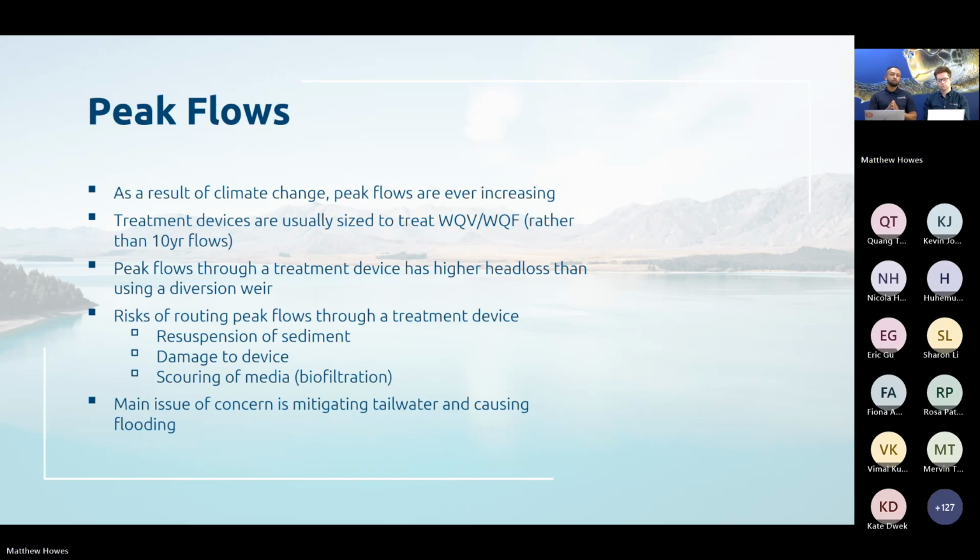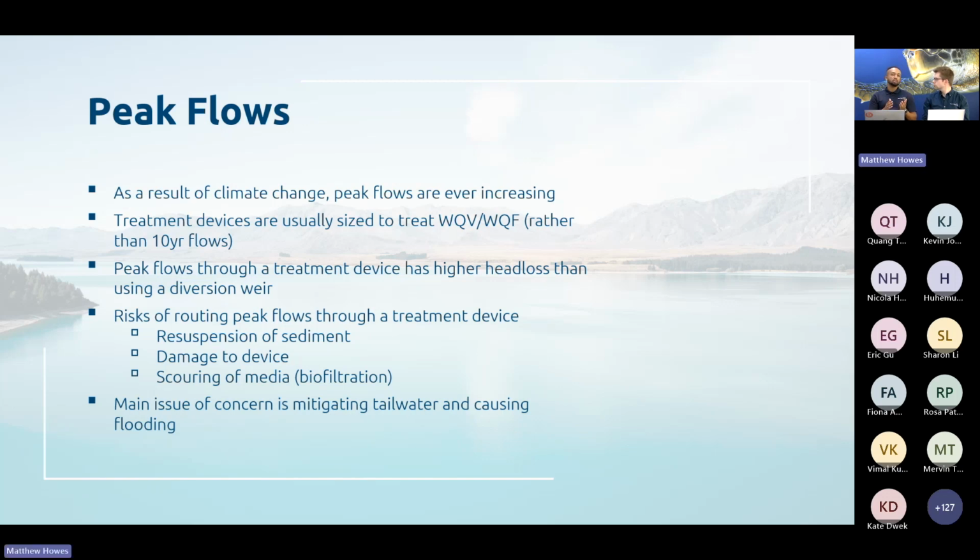Another risk with conveying the peak flows through the treatment device is the risk of resuspension of sediments that have been captured previously. Depending on how high that peak flow is, it could create turbulence in the treatment device and then resuspend the sediment, potentially losing some of the sediment that we already captured.